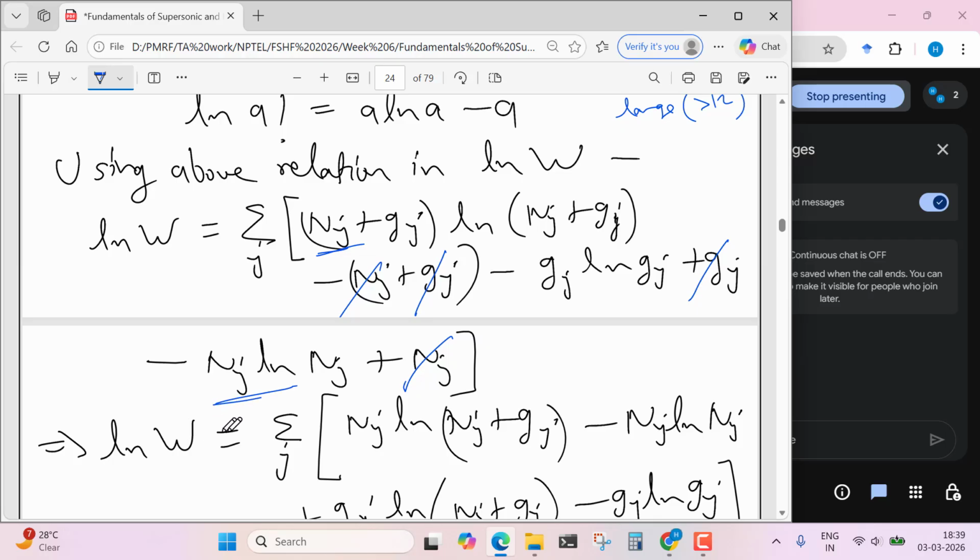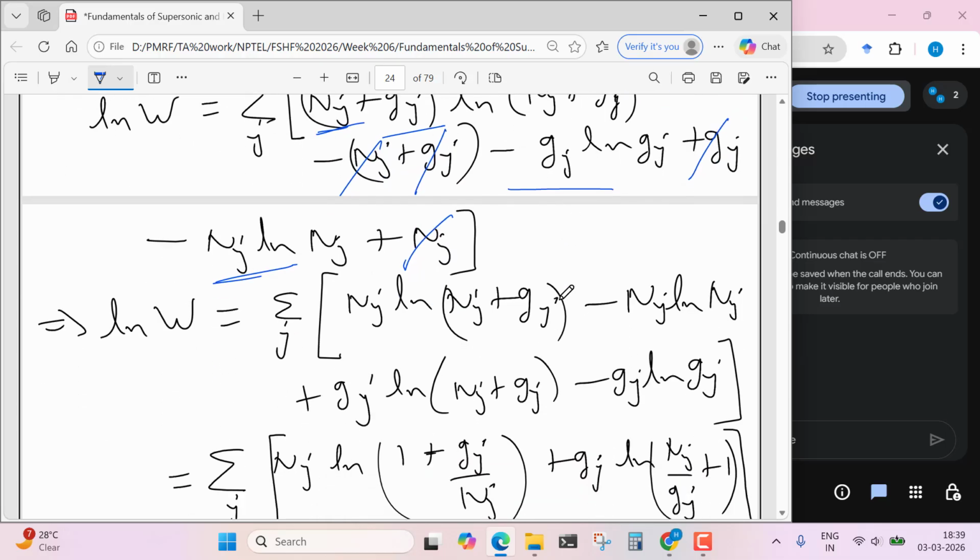So we will get log W equal to sigma j nj log nj plus gj minus nj log nj. Now the gj terms together, gj log nj plus gj minus gj log gj.